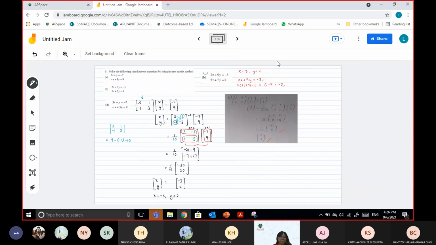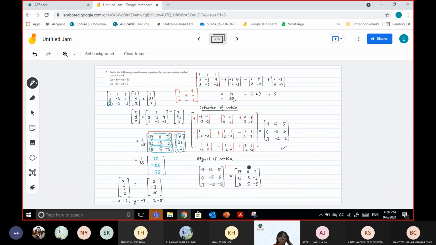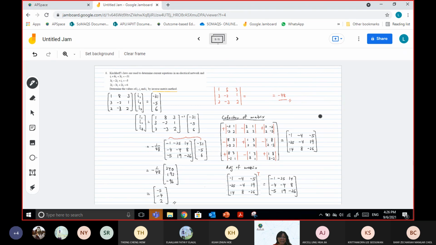We have done the inverse for 2 by 2, which is much easier. Then the inverse of 3 by 3, which we use to solve the simultaneous equation. So we have done question 7 and question 8. That's how we solve it.